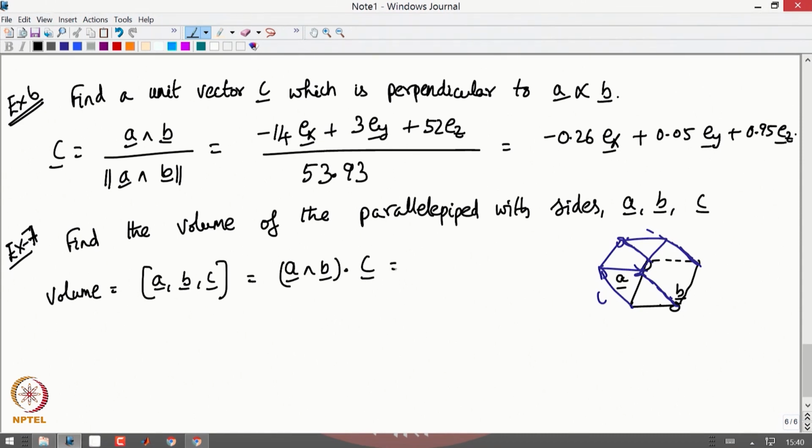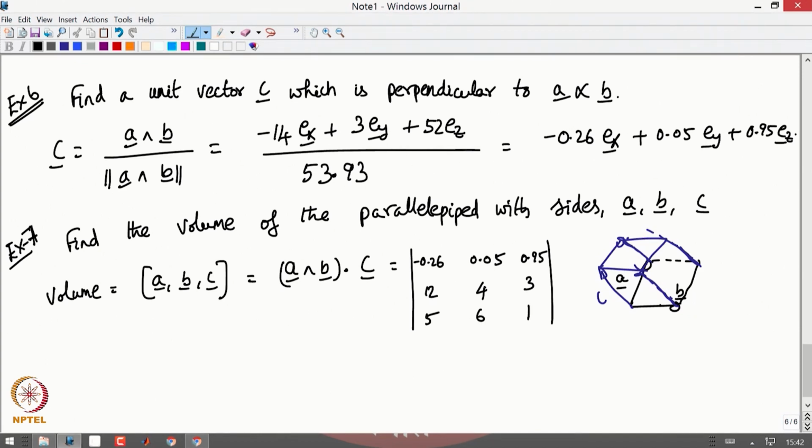So, this I can write in a matrix form as minus 0.26, 0.05, 0.95, 12, 4, 3, 5, 6, 1.